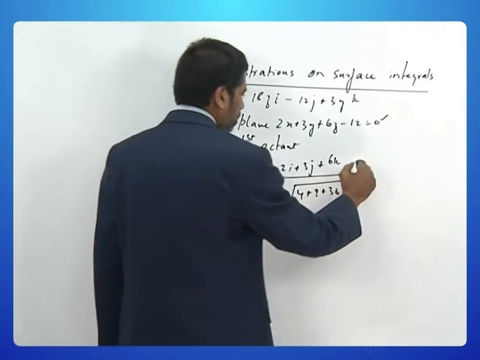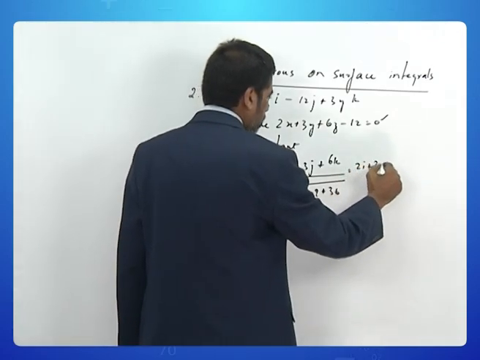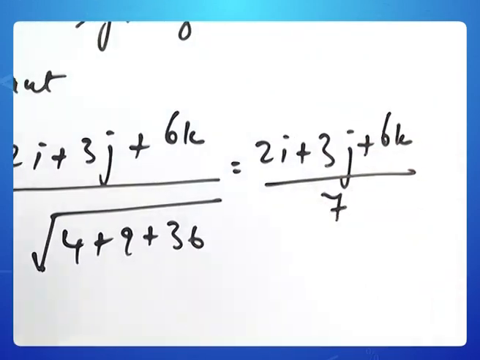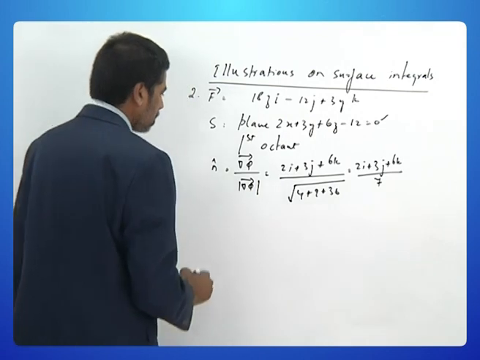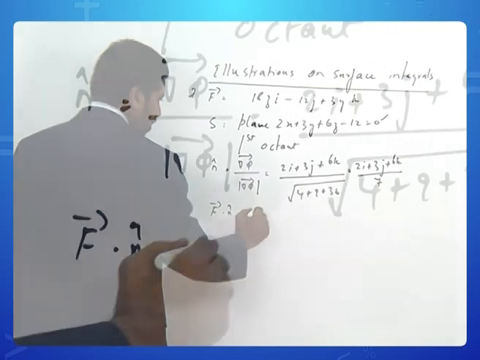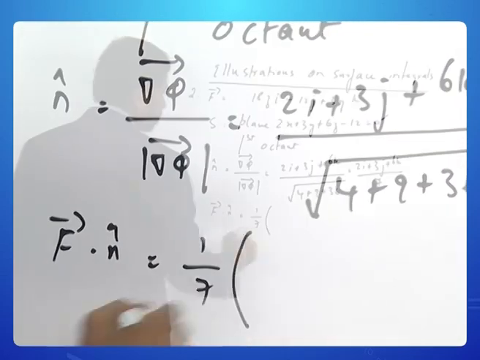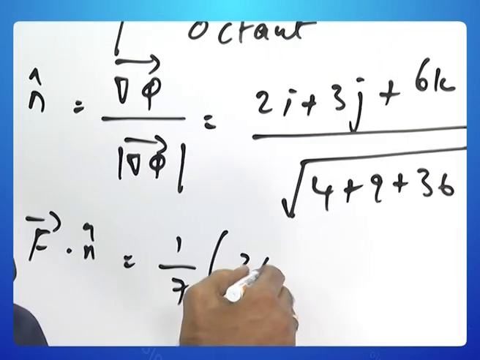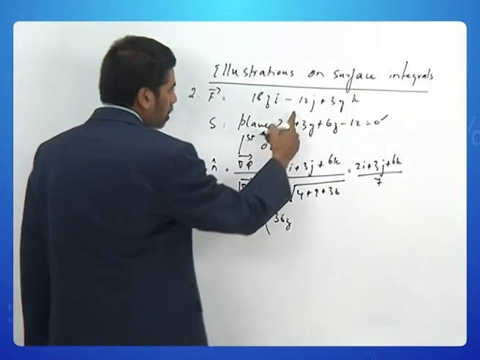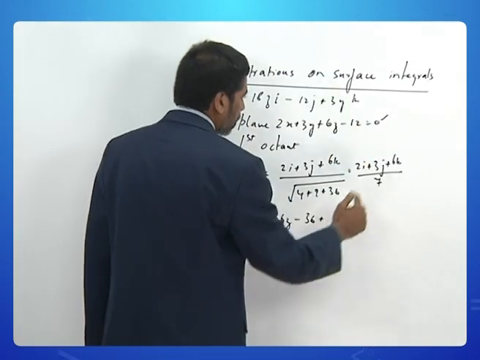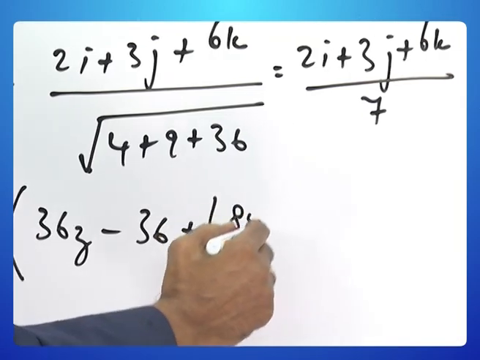So this is nothing but 2i plus 3j plus 6k divided by 7. So we find out f dot n cap, which is 1 by 7 times 18z into 2, 36z, minus 36, plus 18y.